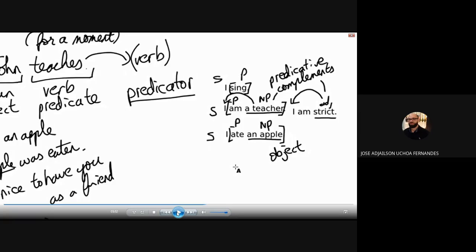Did you understand why in I am strict we do not have a noun phrase? Here, I am a teacher, we have a noun phrase, okay, in a teacher. Do you understand why I am strict is different? Strict is still a predicative complement, but it's not a noun phrase. What kind of phrase is it?